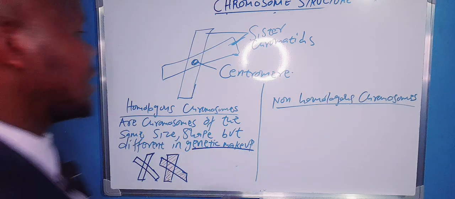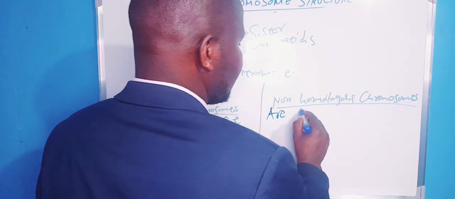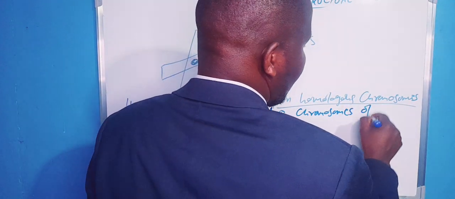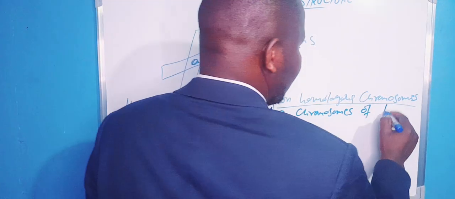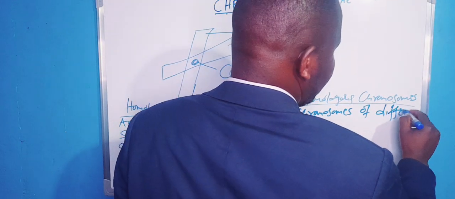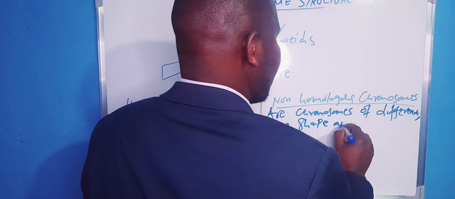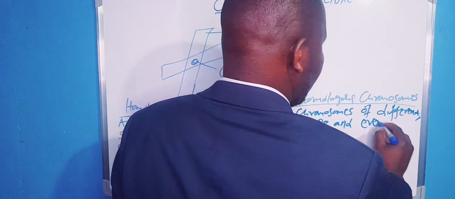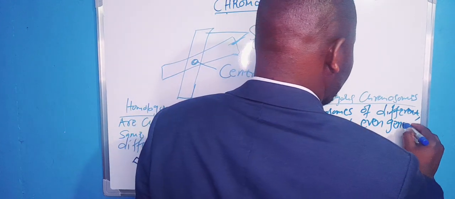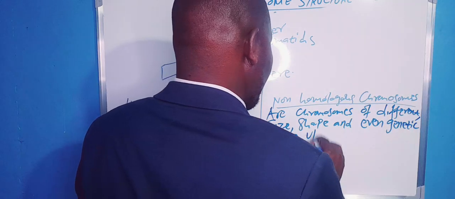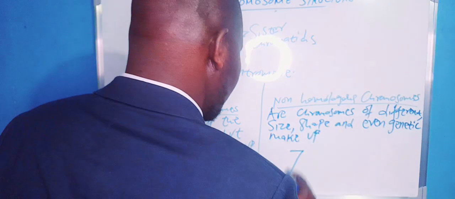When I go to the non-homologous structures, these are chromosomes of different size, shape, and even genetic makeup. So I can draw.